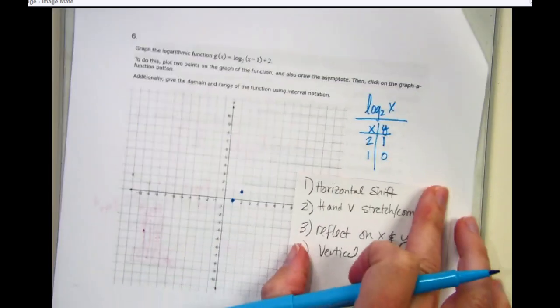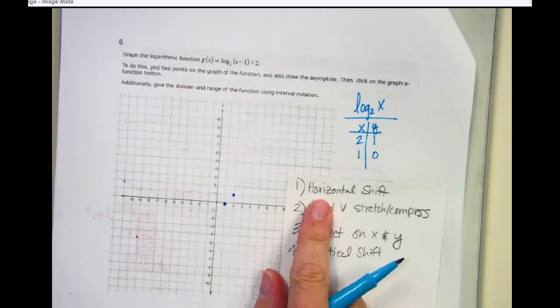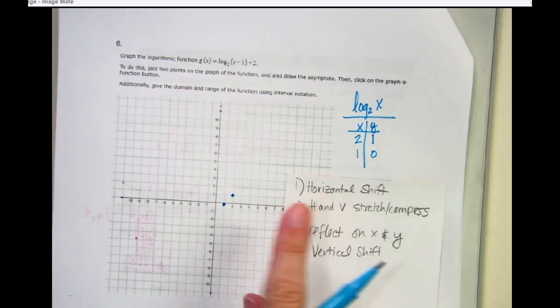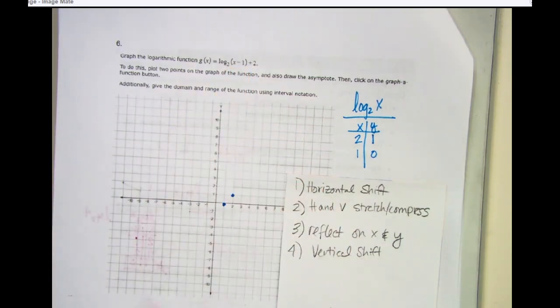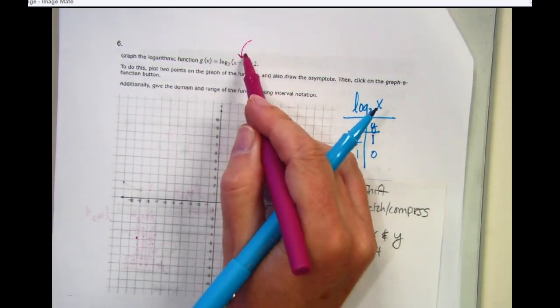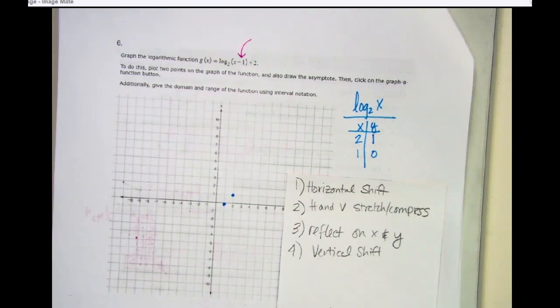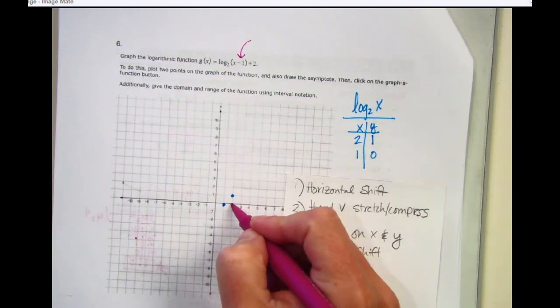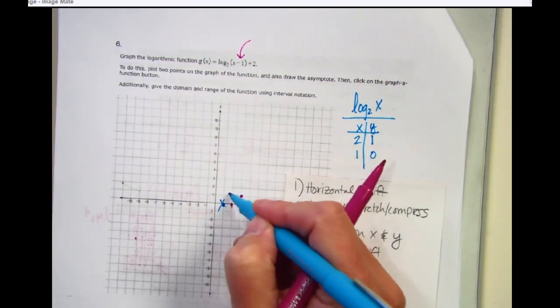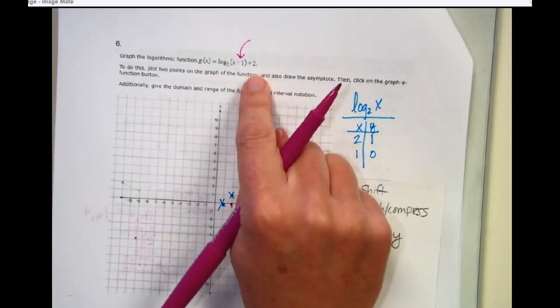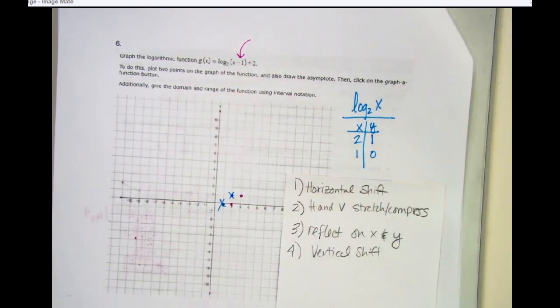Okay, our transformations. What's the first thing we do? Horizontal shift. So which way are we going to go? Here's our horizontal right here. Remember, it's always the opposite direction when it's inside with that x. So we're going to move them here. So now this is gone. This is gone. What does the plus 2 do?